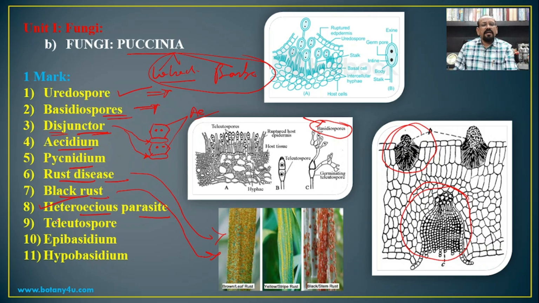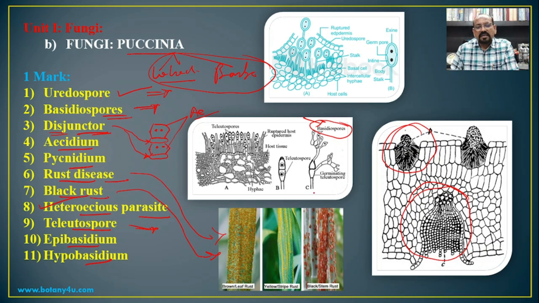Then again teliospore. Earlier we have seen that teliospores are bicelled spores and later on they germinate to form the basidiospores. Then epibasidium and hypobasidium.